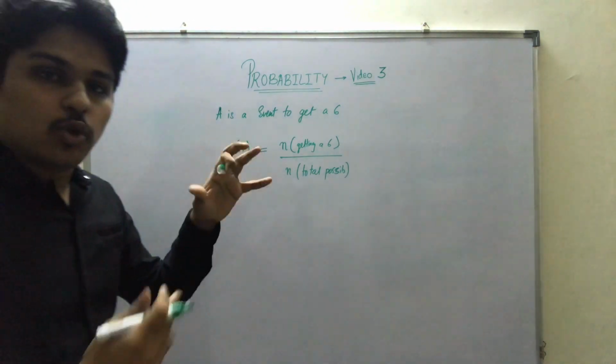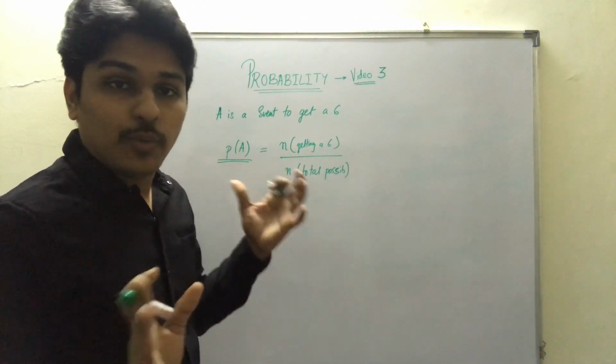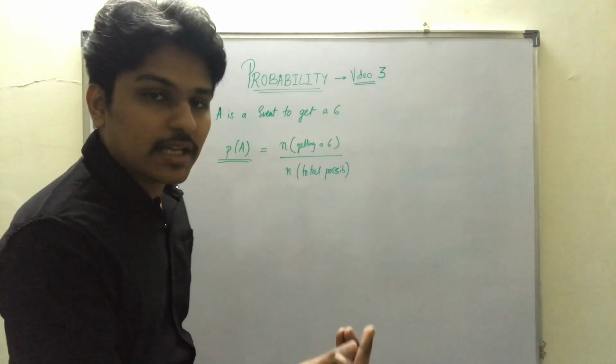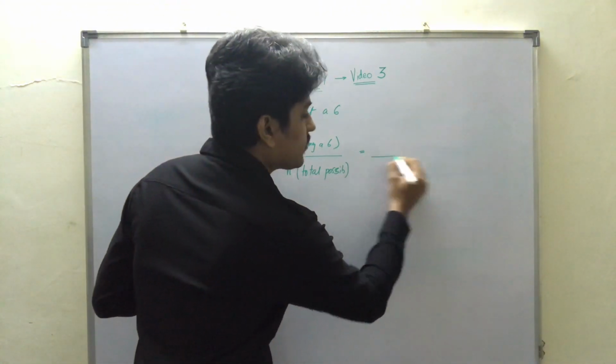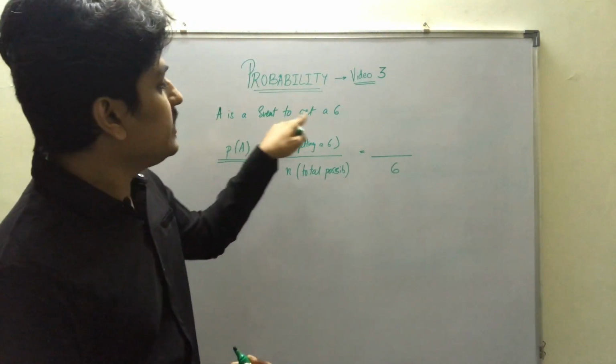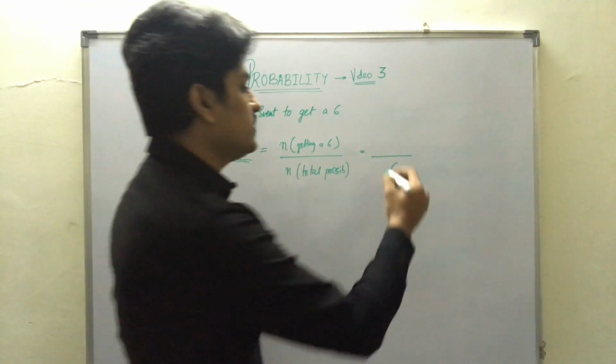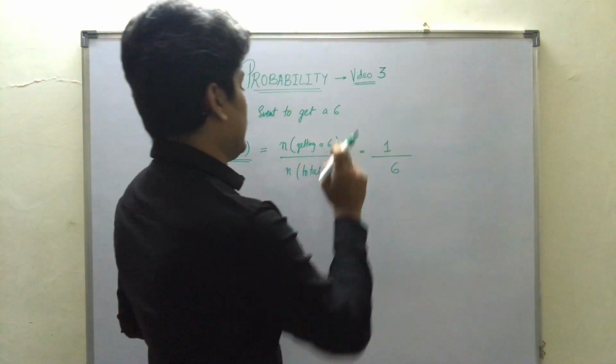The total number of possibilities is what we already dealt with in the last class. If I am rolling one single die, I have a total number of possibilities of 6, and the possibility of getting a 6 on such a die is only 1. So one such possibility arises.